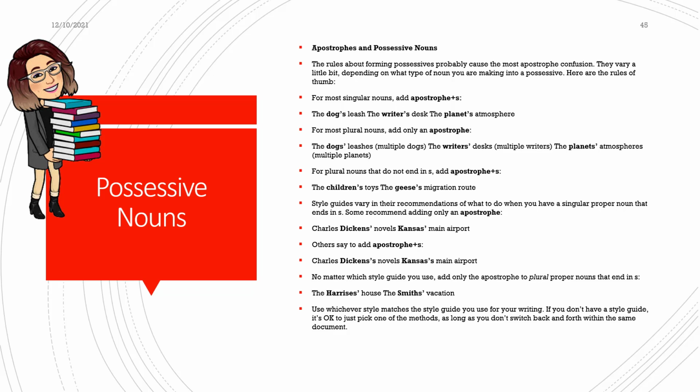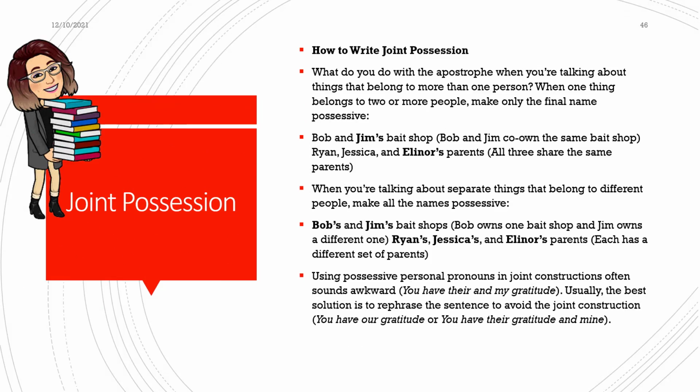Others say to add an apostrophe S. No matter which style guide you use, add only the apostrophe to plural proper nouns that end in S: the Harrises' house and the Smiths' vacation. Use whichever style matches the style guide you use for your writing. If you don't have a style guide, it's okay to just pick one of these methods as long as you don't switch back and forth.